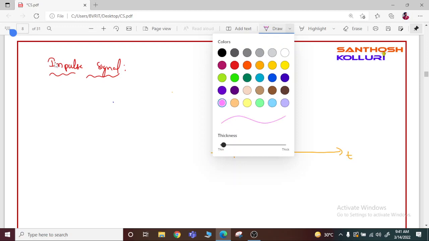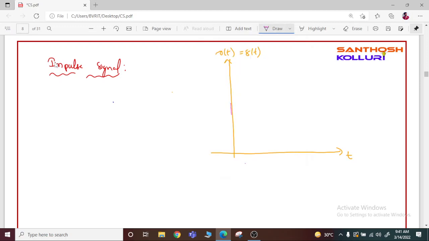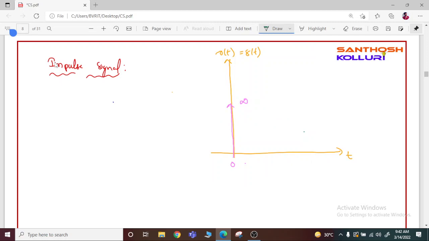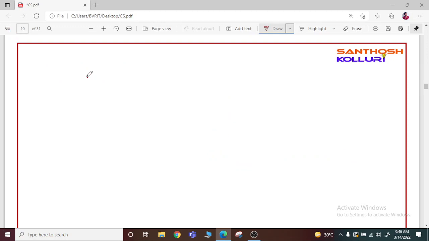And actually this is the actual impulse signal. We are having maximum or infinite output at 0 time, but practically it is not possible to measure. So we are taking like this, having certain duration, like a by delta, 1 by delta.